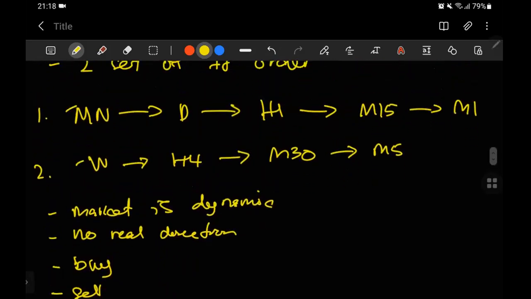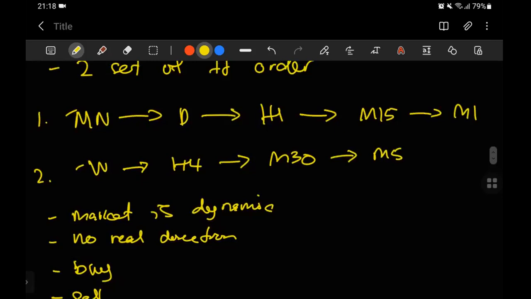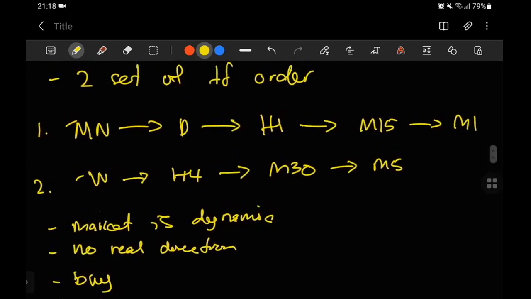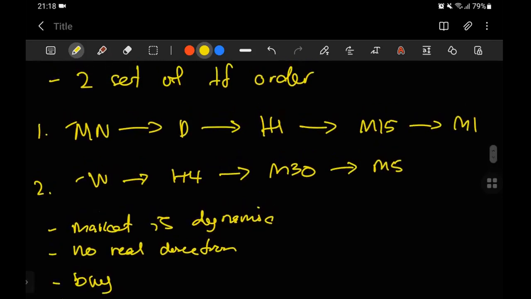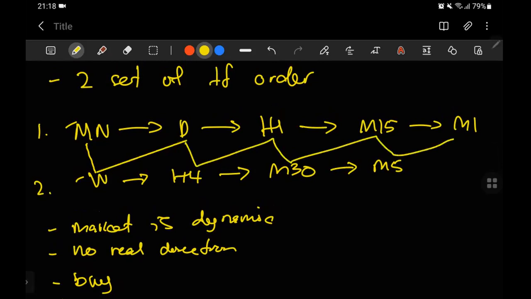The market will flow like this. If the monthly is buy, then the weekly will be sell. If the weekly is selling, then daily is buying, and this thing goes on and on like this.